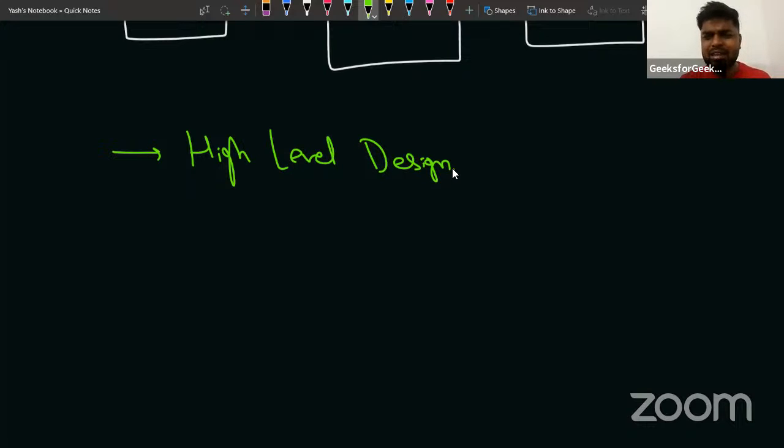When it comes to high level design, it is about how the system as a whole is going to look like, what kind of technologies we need to use, what kind of DevOps is required, what kind of caching is required, whether I want to use Kafka or something else, whether I want to use a NoSQL database or what kind of databases I want to use.